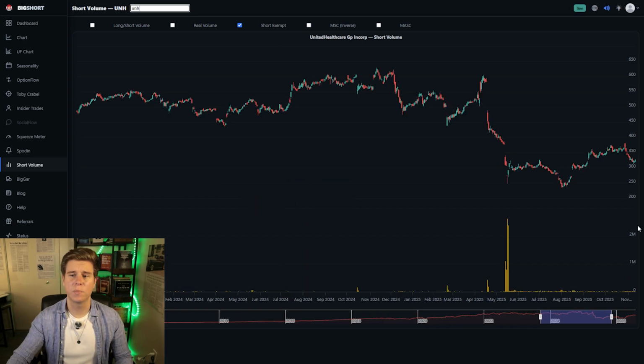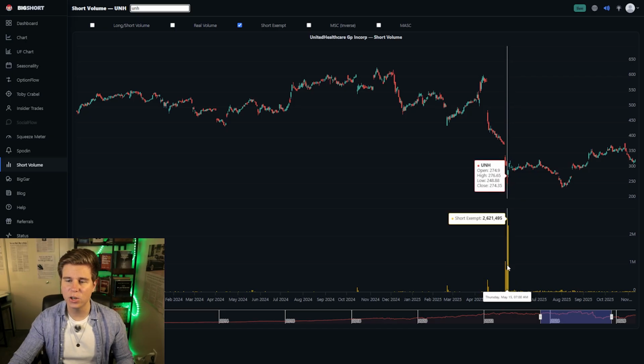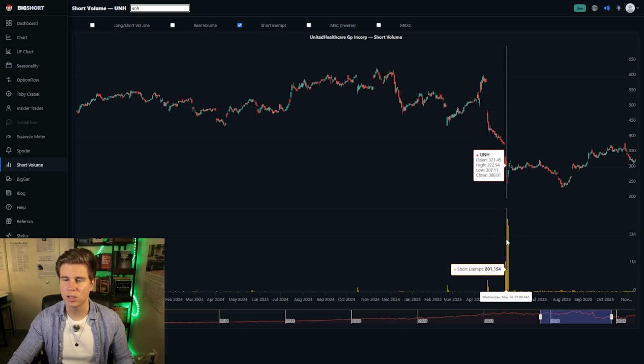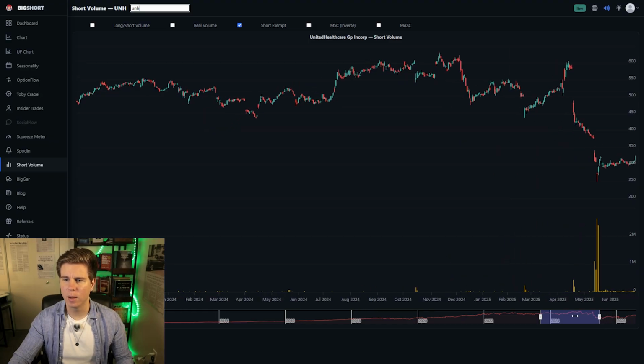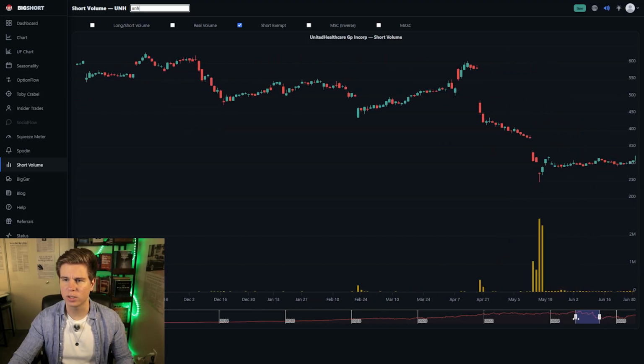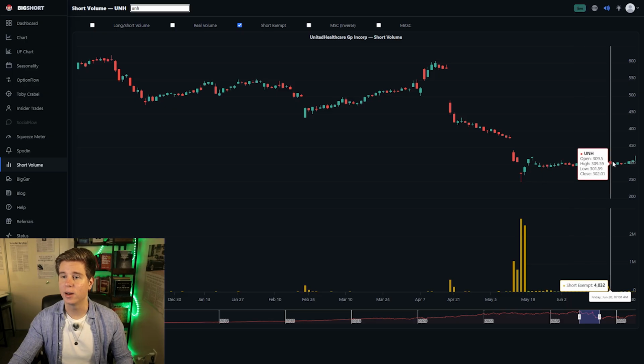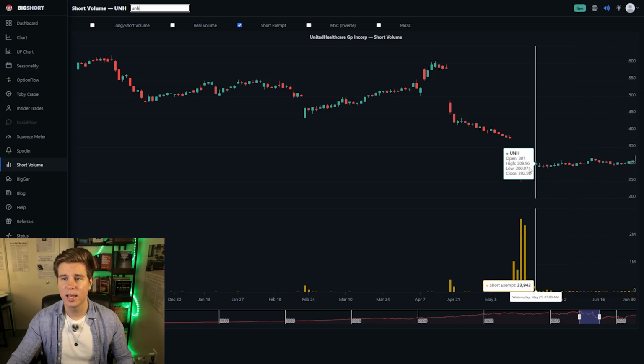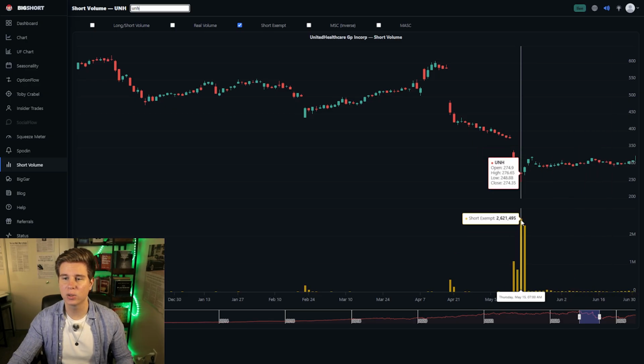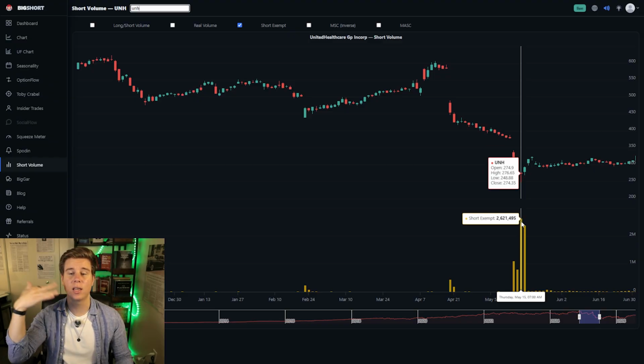A more realistic example is something like UNH. So this is actually a trade that Tay took and someone called out for him in the Discord. Let me zoom in here so you can actually see a little bit better. So on this day, this was just ginormous short exempt for UNH, and someone in our Discord called it out. And what they did is, this short exempt list is released at the end of every day.